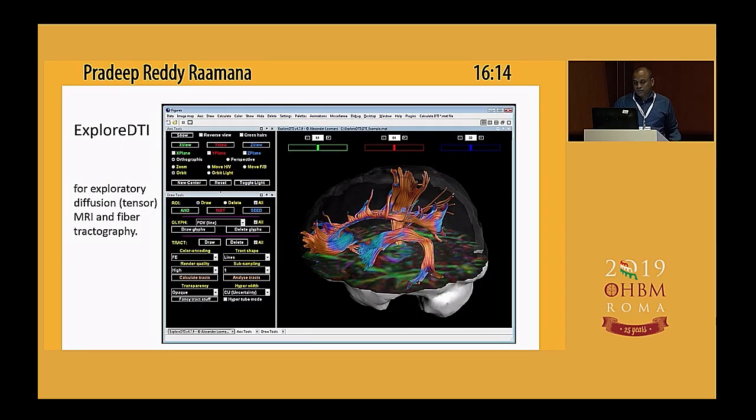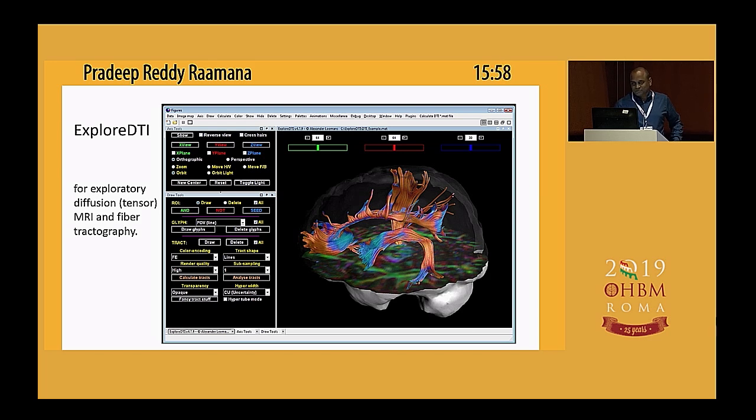And as we learned from Professor Leemans on ExploreDTI for exploratory diffusion MRI and fiber tractography, that includes a lot of QA, QC, and some PIS maps, I believe.